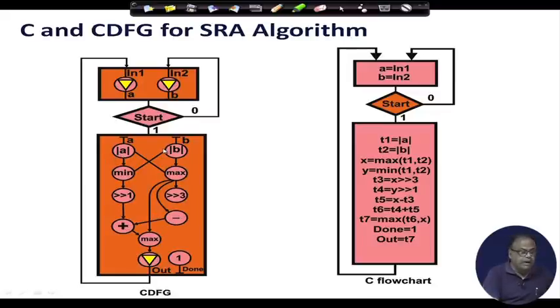So, absolute finding of A and B, we start with A and B coming as input here, min, max, shifting, addition, subtraction, max computation, then we send 1 to done as the controller output, and the output comes here, and that is my CDFG.